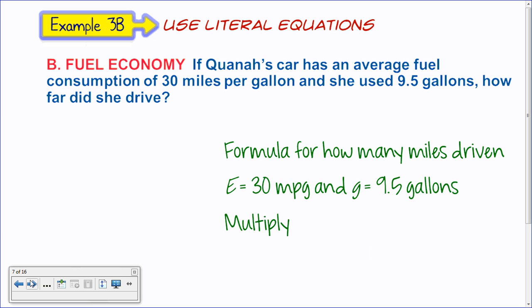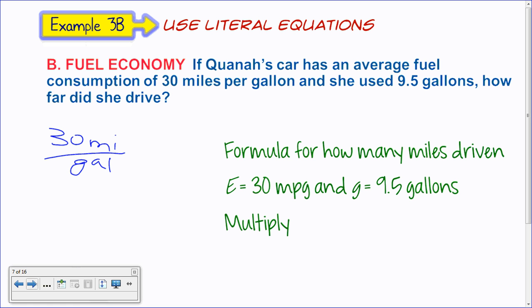Example 3B, fuel economy. The Kiwanis car has an average fuel consumption of 30 miles per gallon. Now, how can I write that?